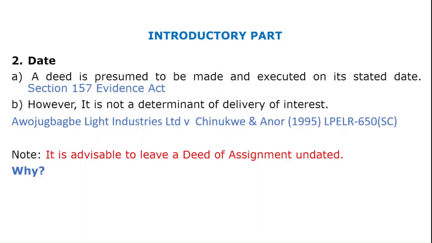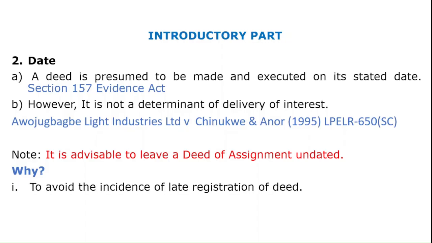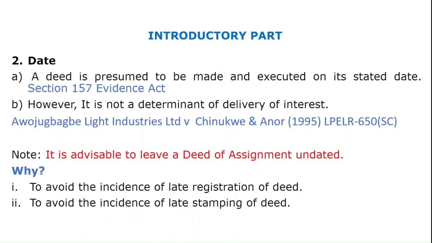So the best thing to do is to leave it undated. You will then date it after obtaining governor's consent. The reason is that it helps you avoid the incidence of late registration. What I mean by incidence is the penalty you are going to pay. It also helps you avoid the incidence of late stamping of that deed, which is why we leave our deed undated.